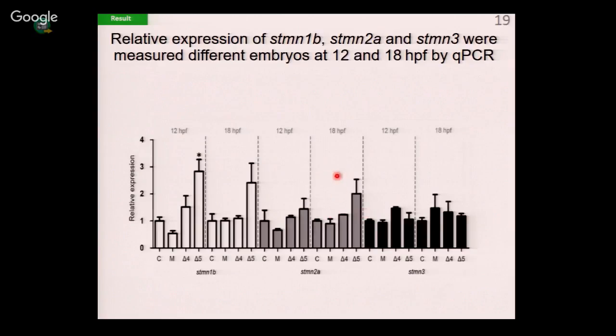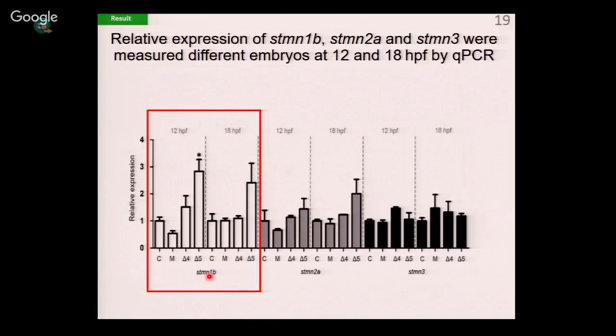Then they examined the gene expression of other STEMI genes in the stem 4 deletion 5 mutant at 12 and 18 hours post-fertilization and found the expression of stem 1b, but not other genes, was significantly elevated.